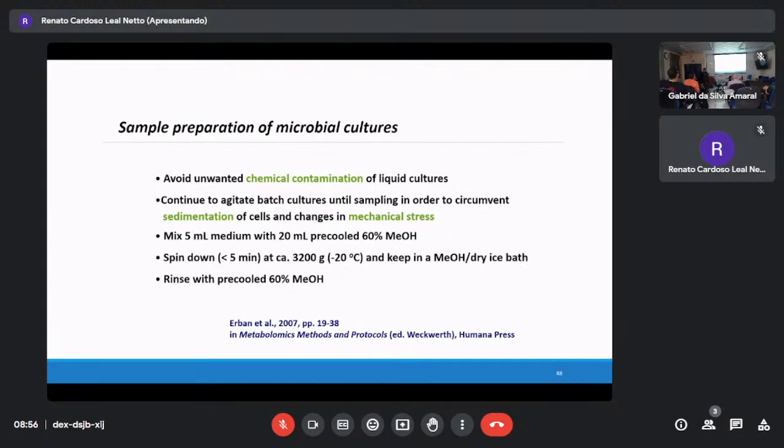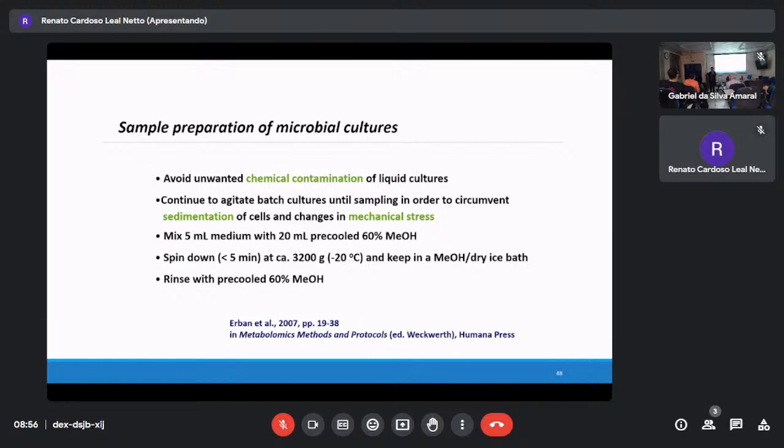I explained yesterday the circadian rhythm and stress. In order to collect microbes, if you stop agitating, it can be stress, and the microbes produce unusual metabolites. That's why you must keep the agitation going very carefully.